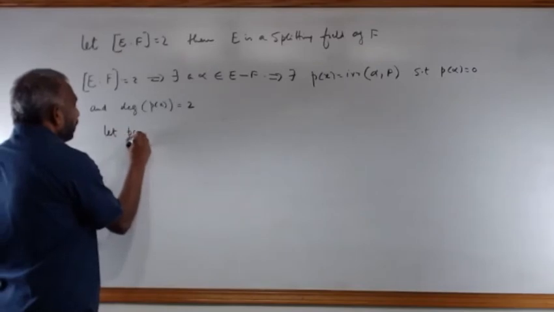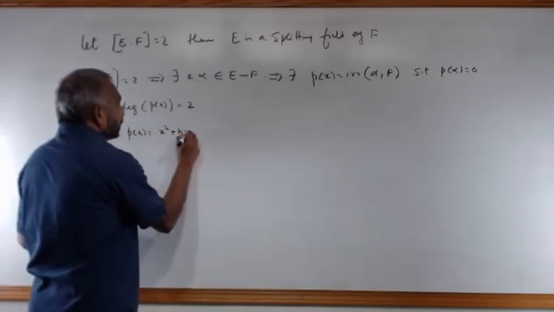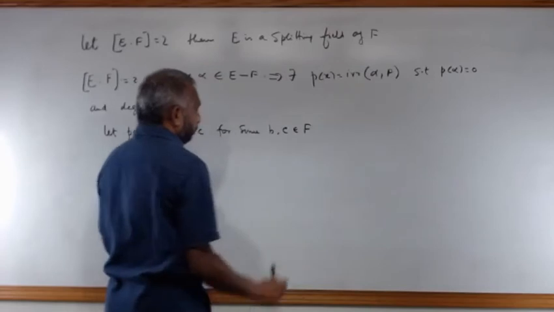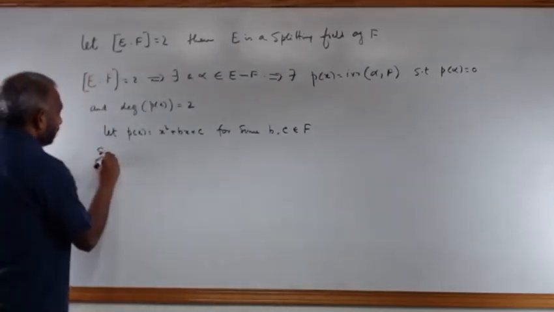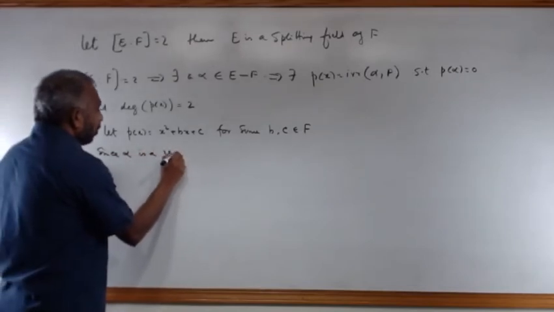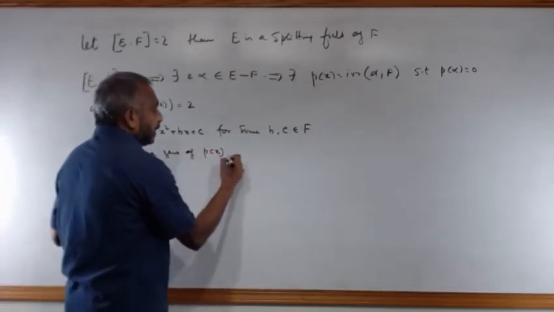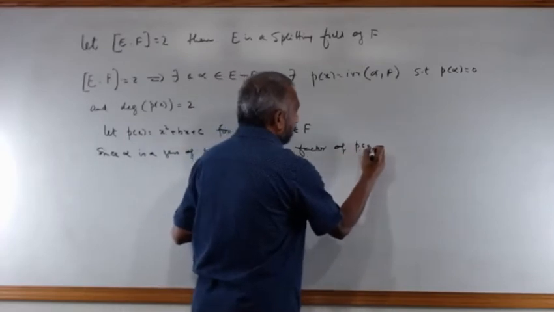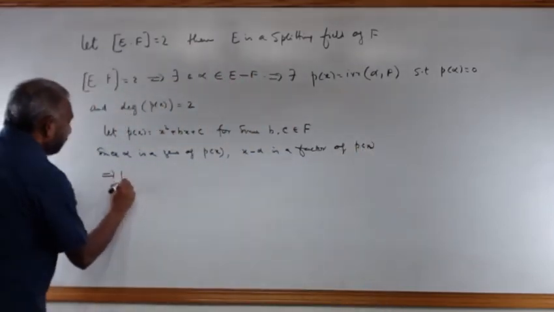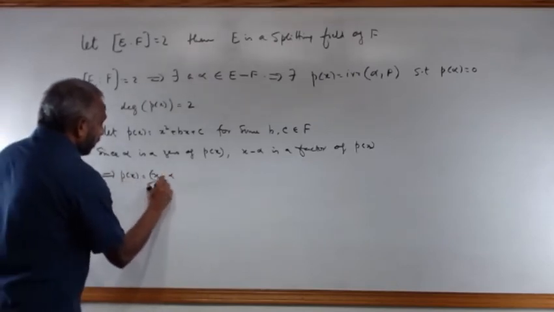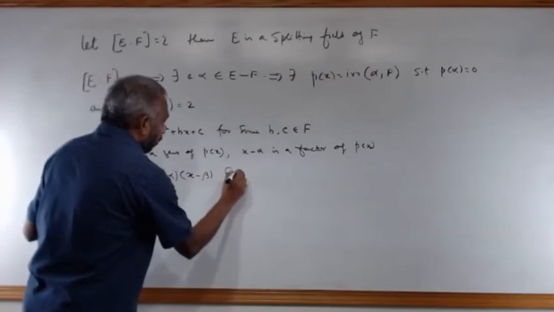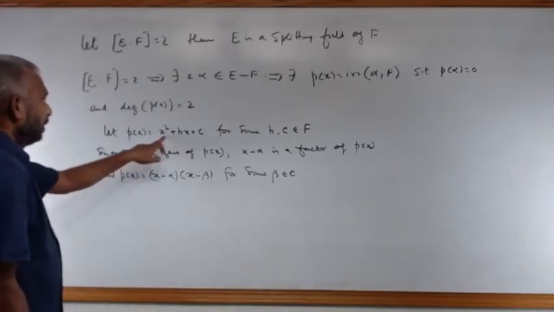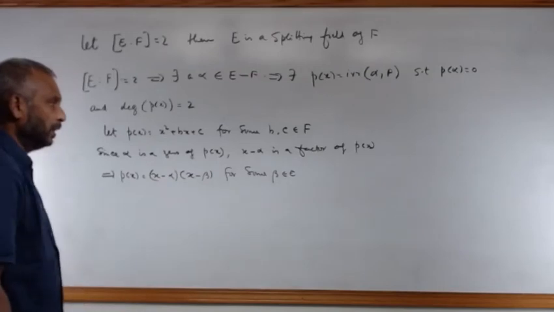So let P of x be x square plus bx plus c for some b, c in F. Since alpha is a 0 of P of x, x minus alpha is a factor of P of x.